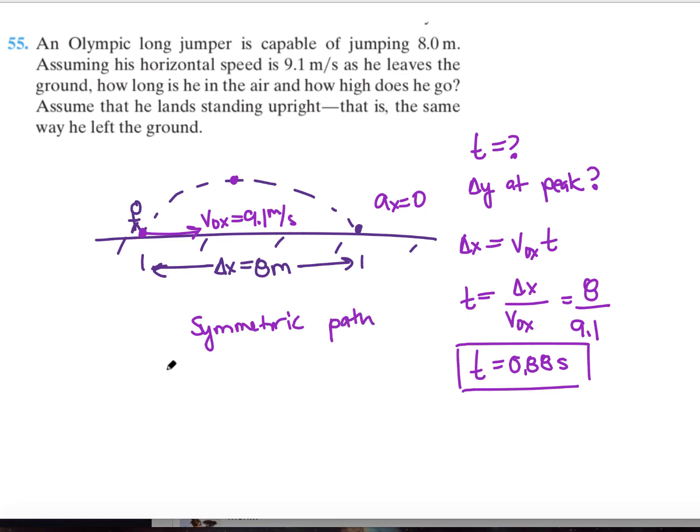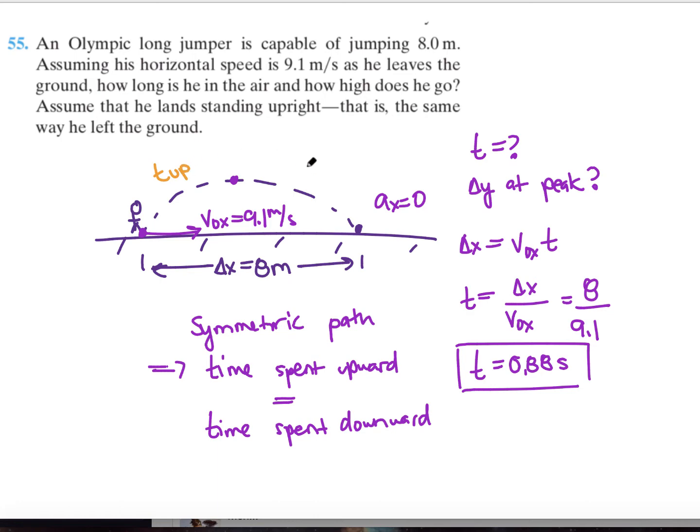What I mean by that is that the time spent moving upward is going to be equal to the time spent moving downward. And so in my diagram, this is my t up, and this is going to be t down.